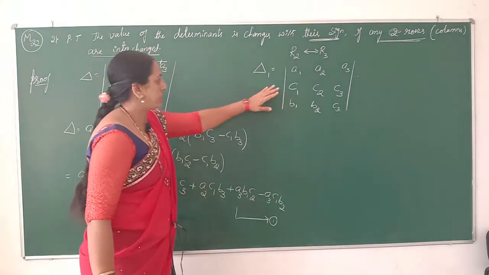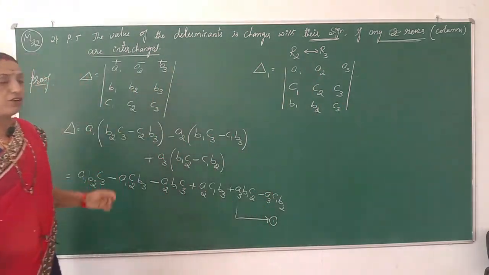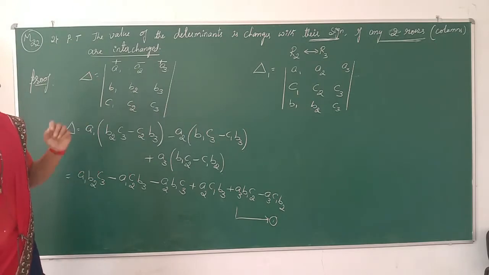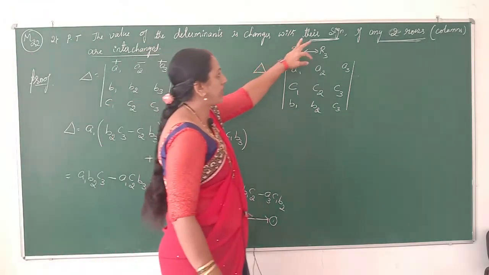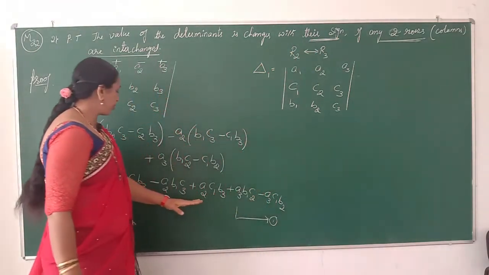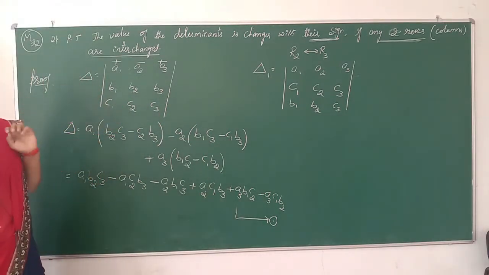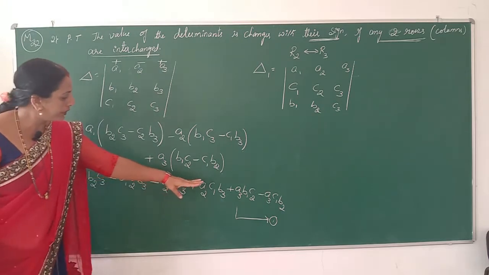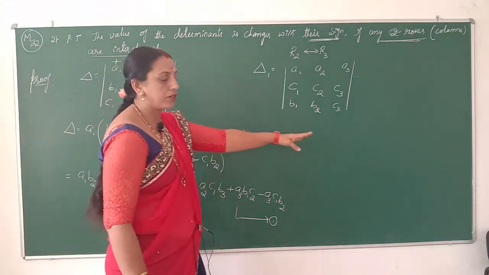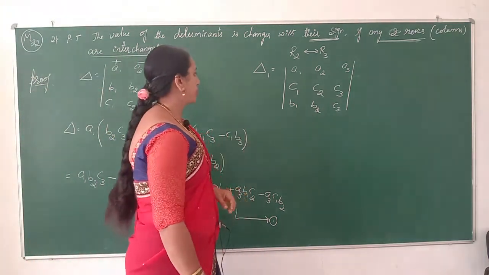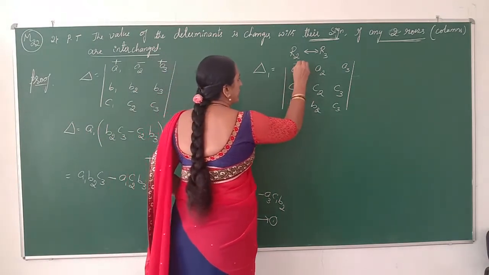In these cases, comparing delta and delta 1, the value always changes its sign. Whatever is positive in delta can be represented as negative in delta 1, as in equation 2, and whatever is negative in equation 1 can be represented as positive in delta 1. So now we simplify.